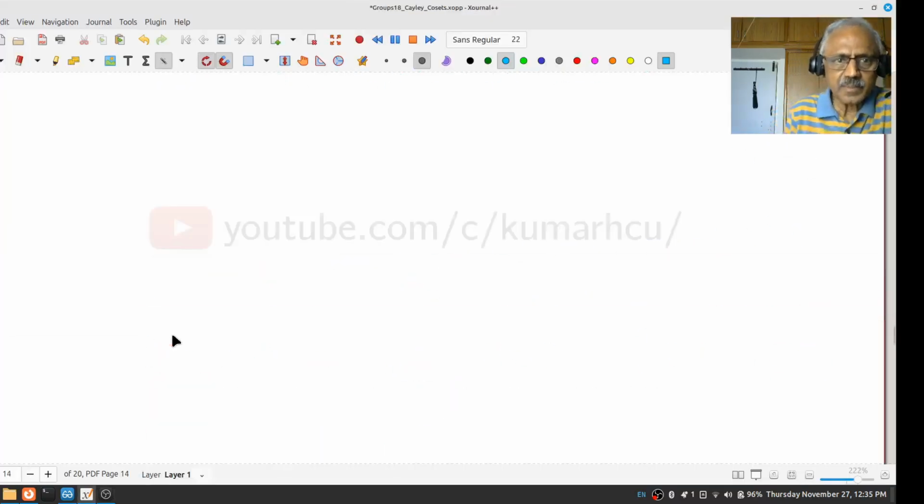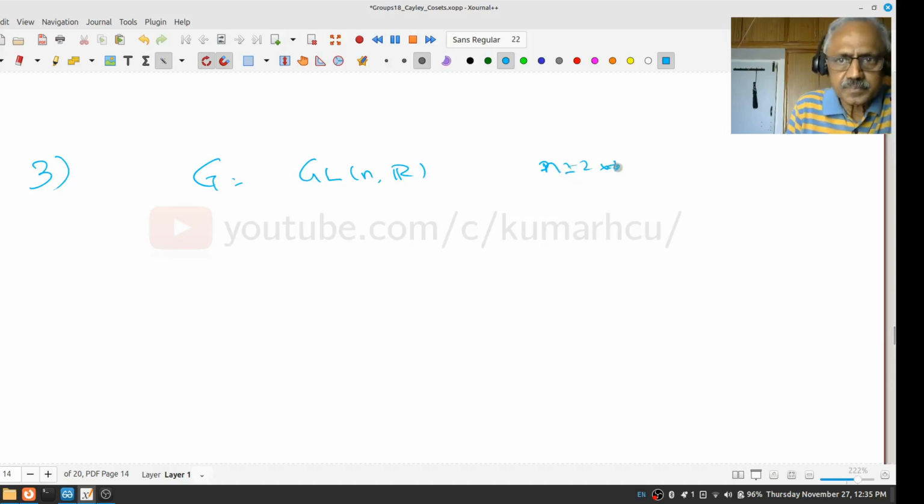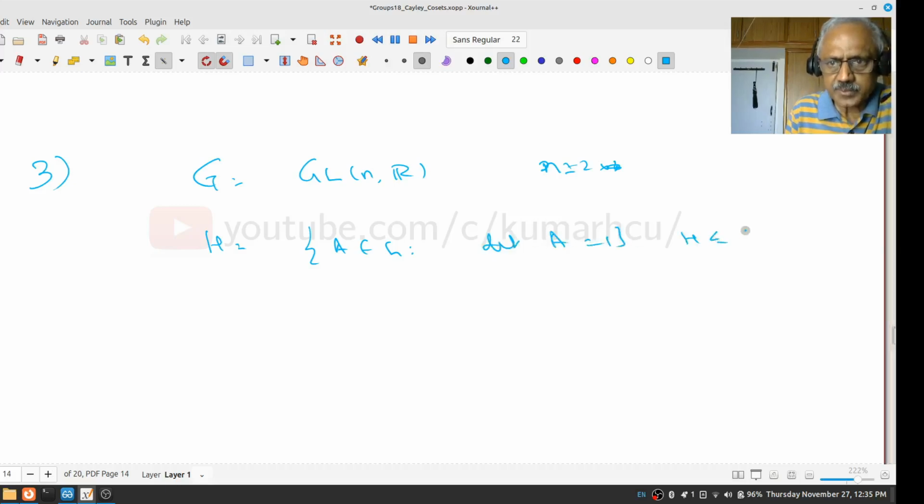A third example. Suppose G equals GL_n(R). If you don't want n, take n equal to 2, 2 by 2 invertible matrices. Then H is the set of elements A in G such that the determinant of A is equal to 1. We know H is a subgroup of G. Now what are the cosets?